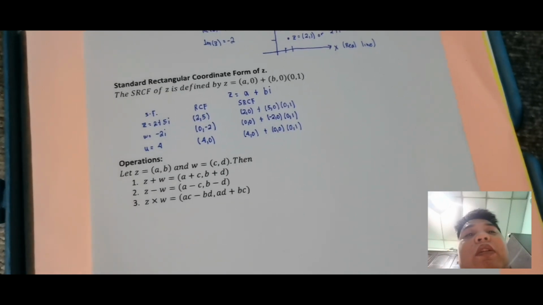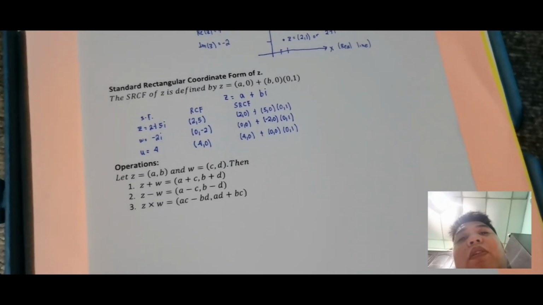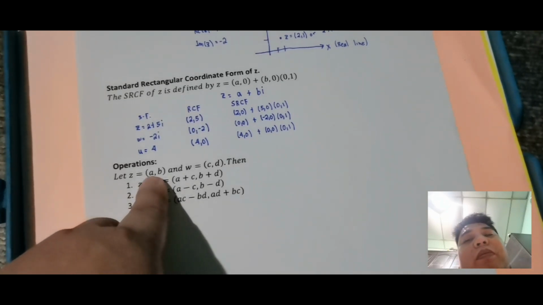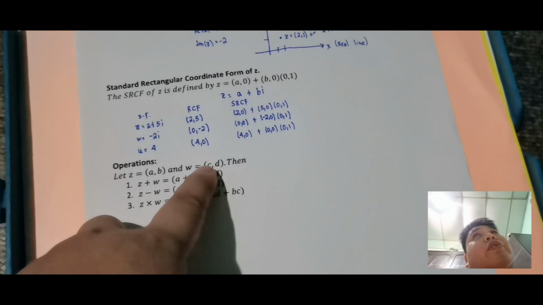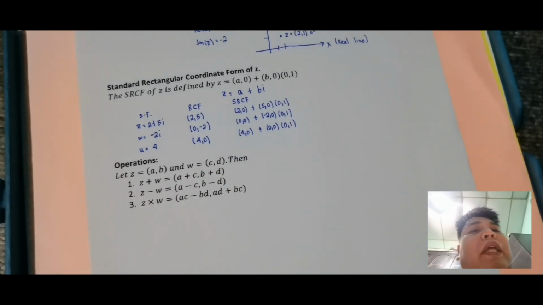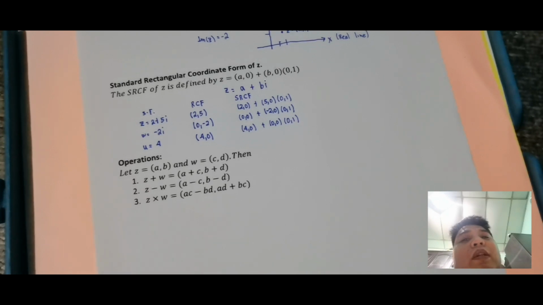So, let z is equal to a, b, and w is equal to c, d. So, ito yung a plus bi in terms of standard form, c plus di in terms of standard form. Then, una, z plus w is equal to a plus c, b plus d. Okay, so paano nag-arrive yan?